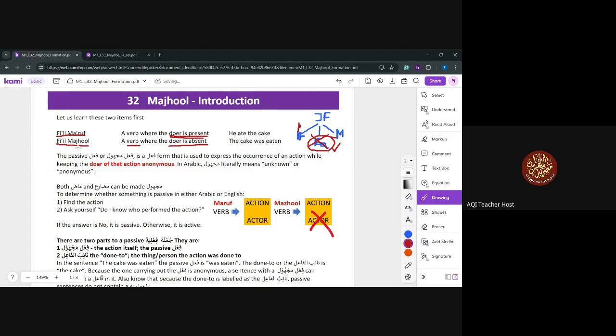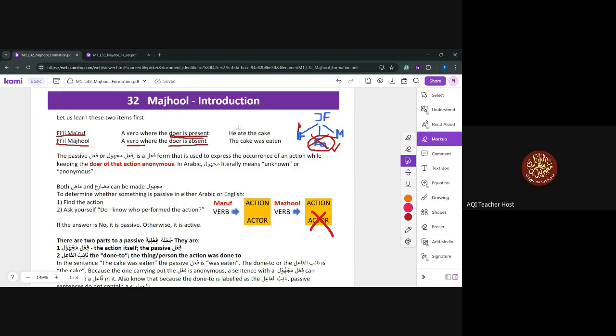So let's say the doer in the sentence is absent, or it is anonymous, like we have no idea at all who has done the action, then the verb is going to be in its passive form called fi'l majhool. The word majhool from Arabic means unknown. So let's see some examples. The first example is like, he ate the cake.